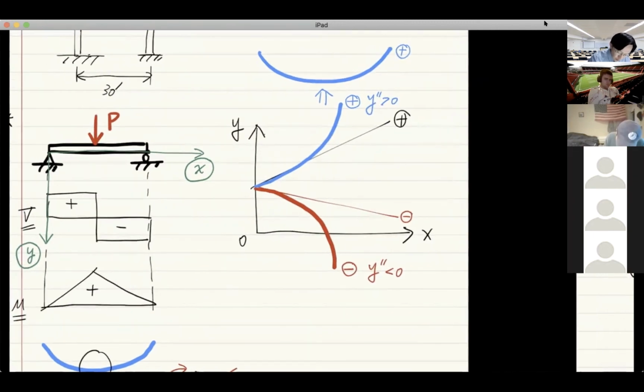For the black and the red lines, in one the first-order derivative is greater than 0, and in the other the first-order derivative is less than 0. All right, please correct this.